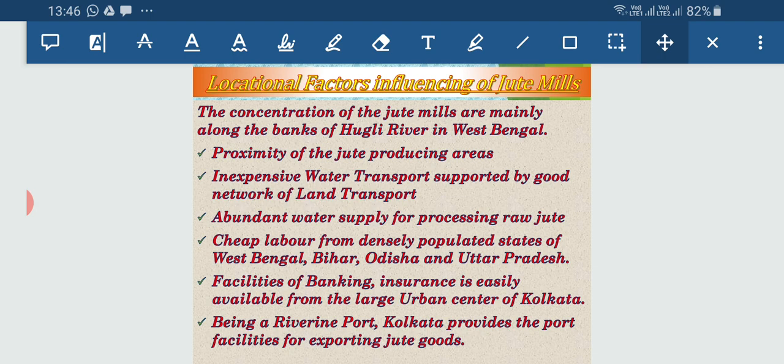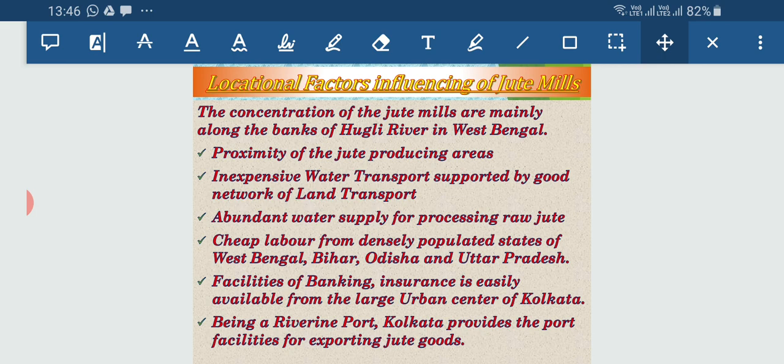That is why the Hooghly Basin is the ideal site for the development of jute industries. Second, water transport, which is considered the cheapest means of transport, is available, and it is well connected with roadways and railways too. That means they are getting the facilities of land transport.